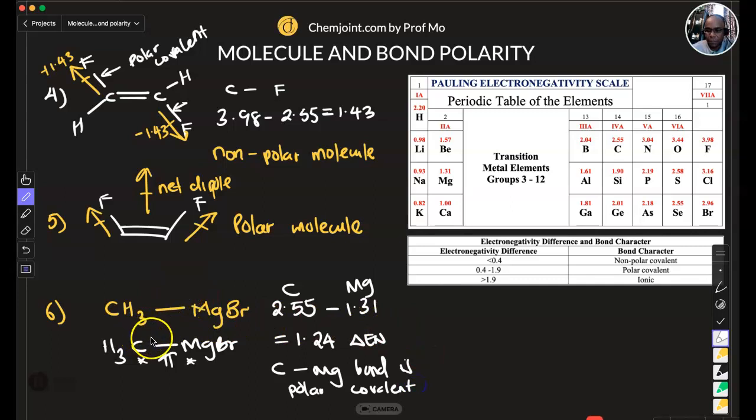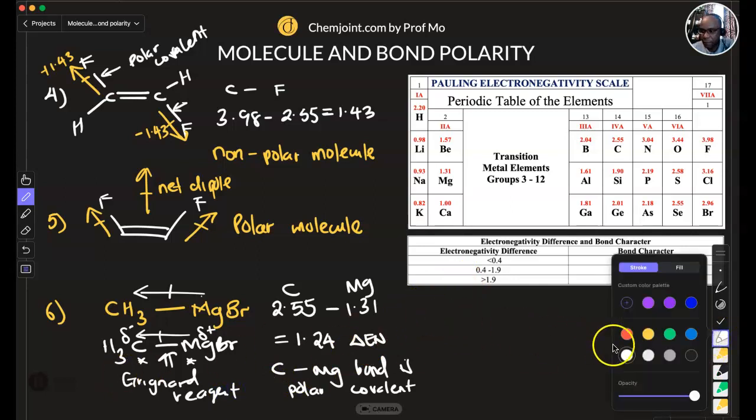The carbon is more electronegative, so I will point my dipole moments towards the carbon. So this carbon is partially negative, and the magnesium is partially positive. This molecule, what we call the Grignard reagent, happens to be very polarized.